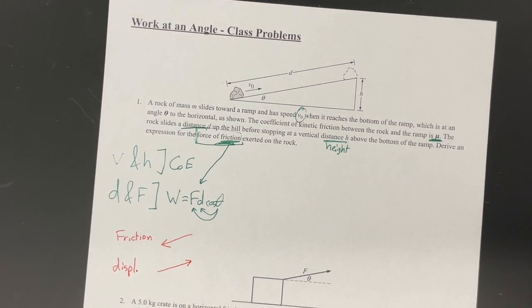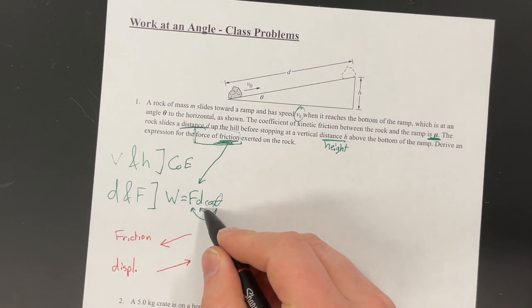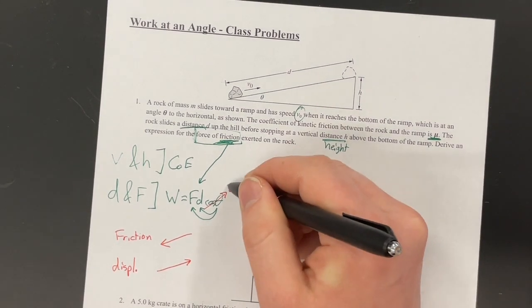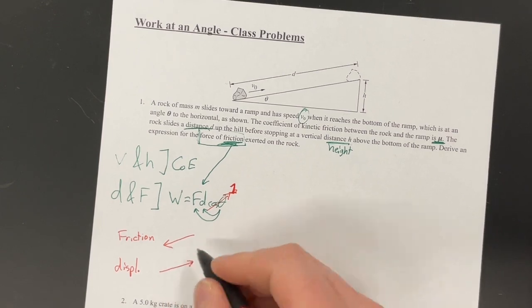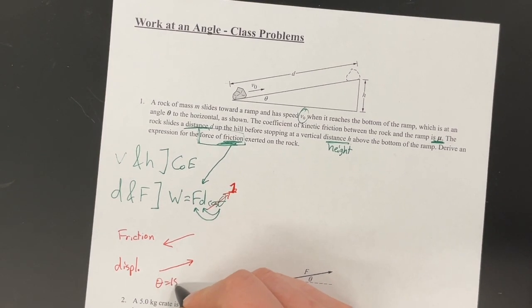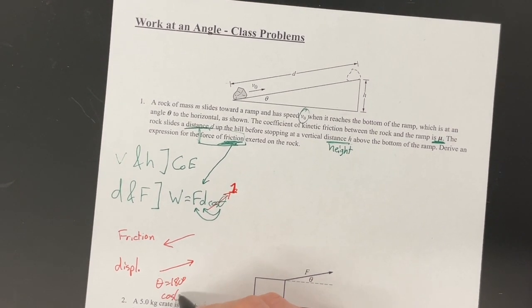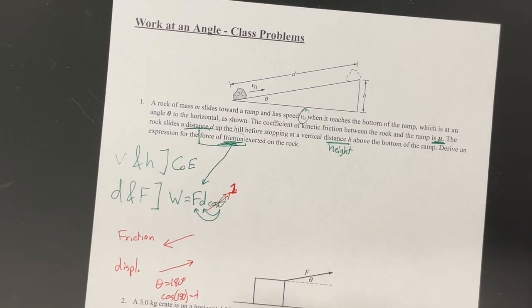Are those lines parallel to each other? In physics, when things point the same way, we say parallel, or if they point opposite directions but along the same line, we call it anti-parallel. These are anti-parallel, which is good enough, because the angle between them is 180 and the cosine of 180 is -1.